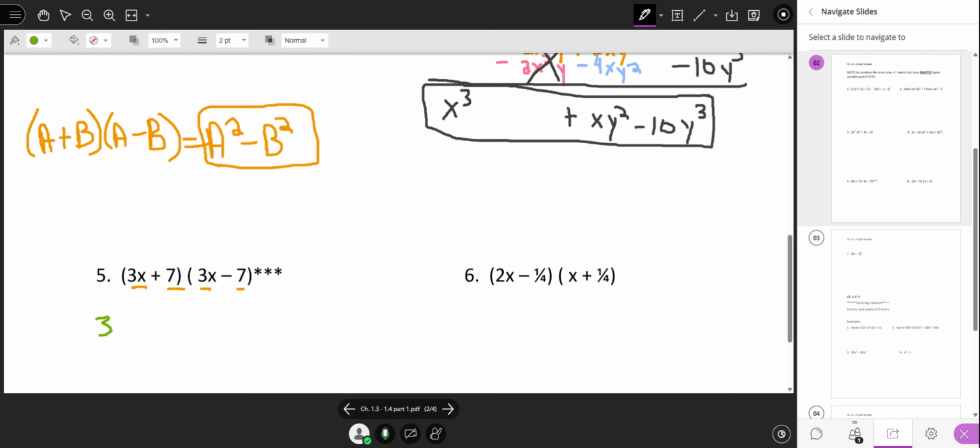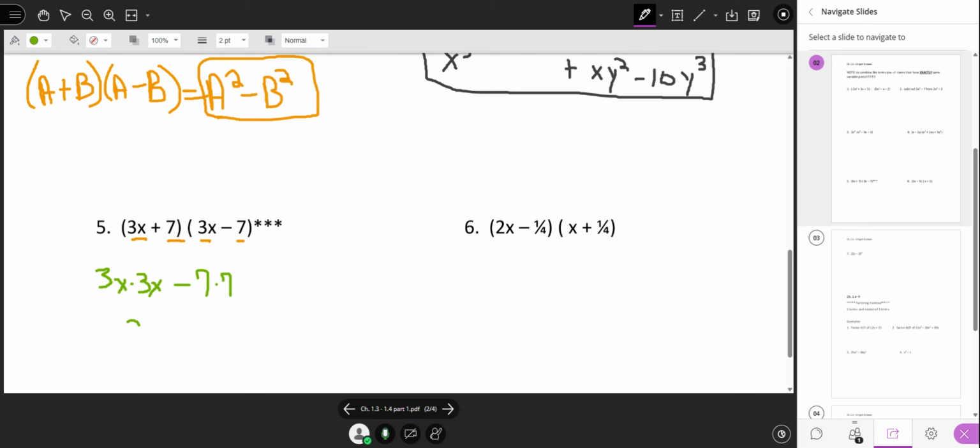So 3x squared is the same thing as 3x times 3x. Then we put minus 7 times 7, or 7 squared. So 3 times 3 is 9. And I do it this way because you'll square the 3 or you'll square the x, but you won't square both of them usually.